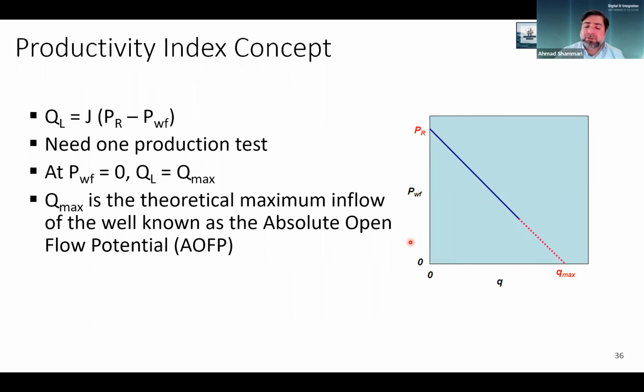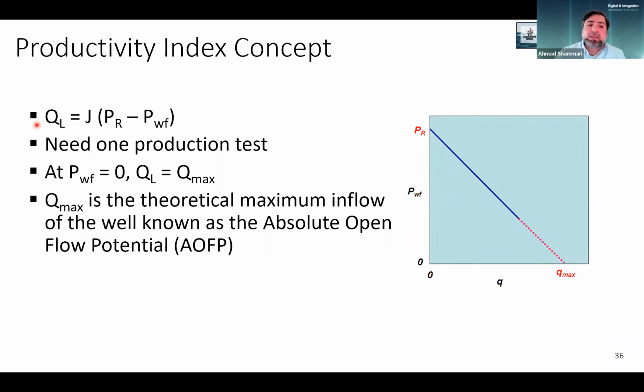However, this number, as we are going to see in the future, we need to be careful whether the flowing bottomhole pressure that we measure is above the bubble point or below the bubble point. However, that will come later. The productivity index is just a straight line. It's just a straight line. But then you will need to introduce what we call the Vogel correction, and I will talk about this later.